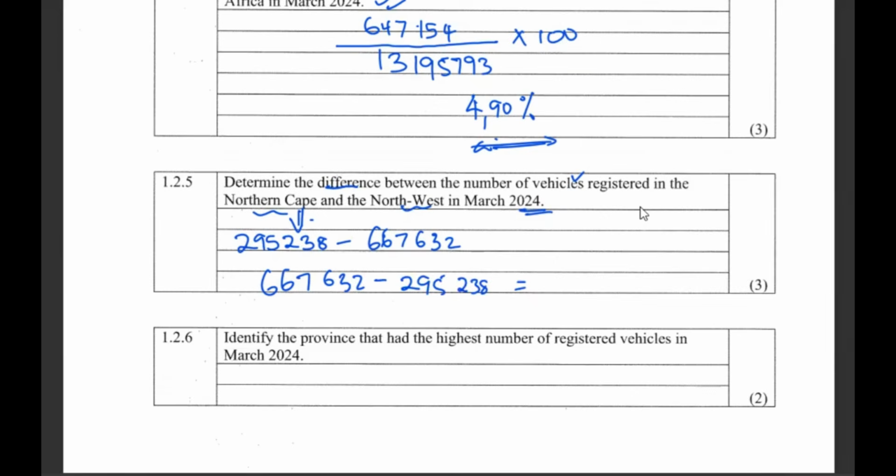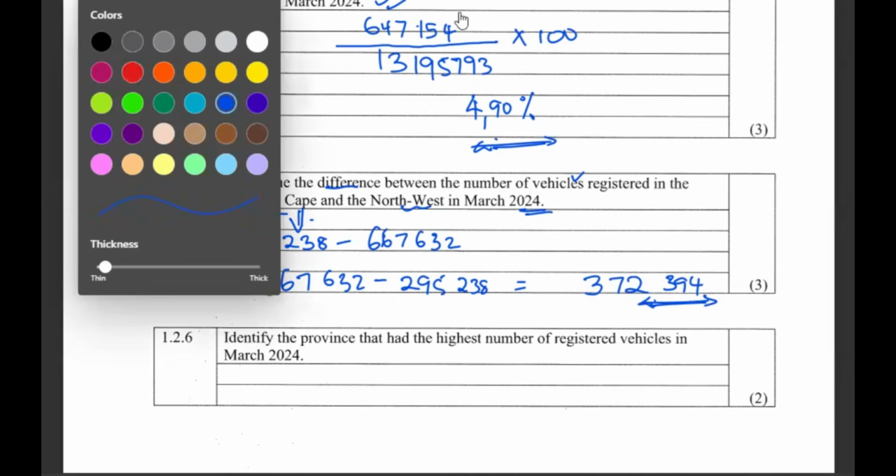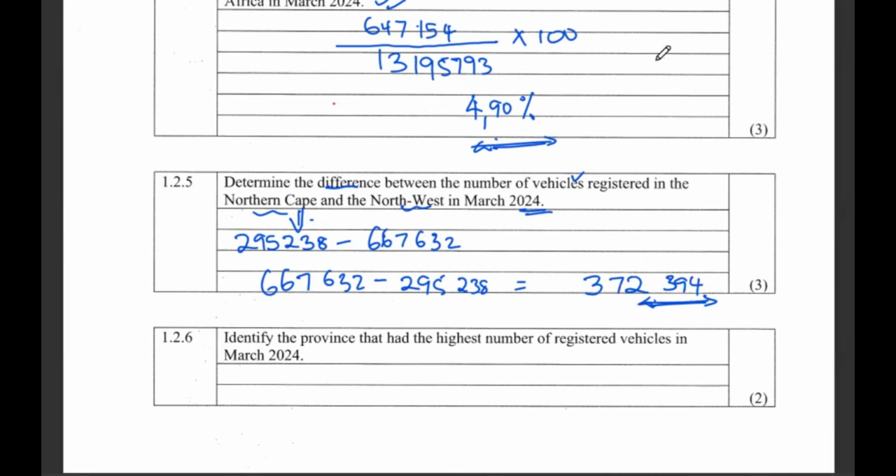Okay, when we subtract that, that gives us 372,394. So this is the difference between the number of vehicles within the two provinces for that particular year of 2024.